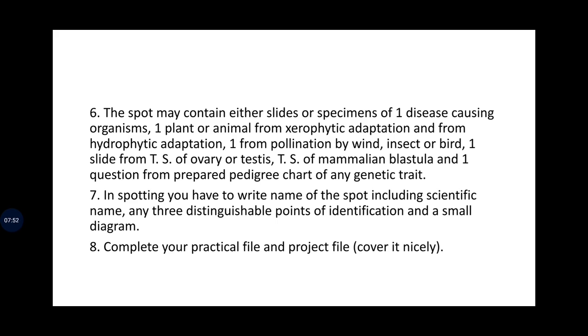Then any 3 distinguishable points of identification, and a small diagram, because you get only 1 minute, so you have to complete all these things. Write the name of the spot, scientific name, 3 points of identification, and a small diagram in that 1 minute only.